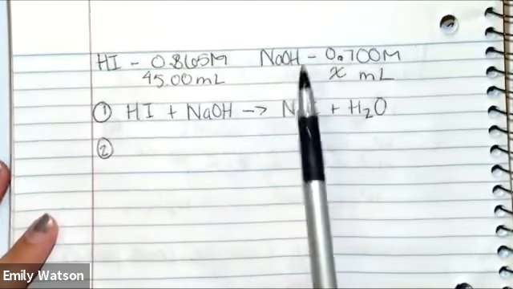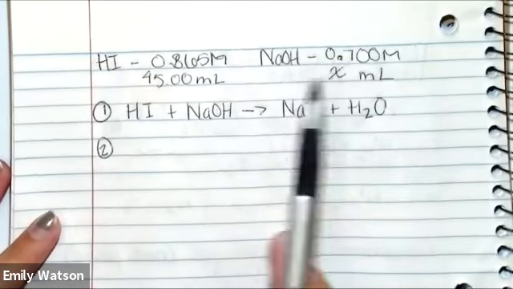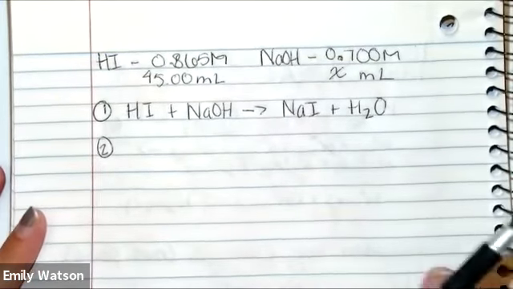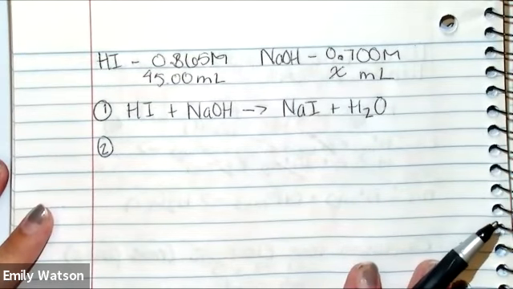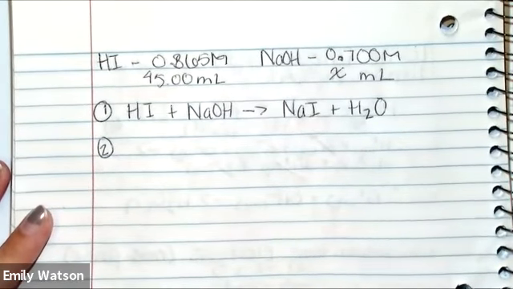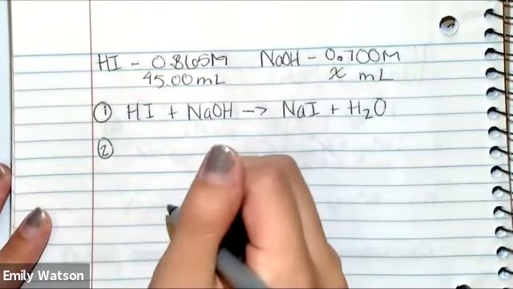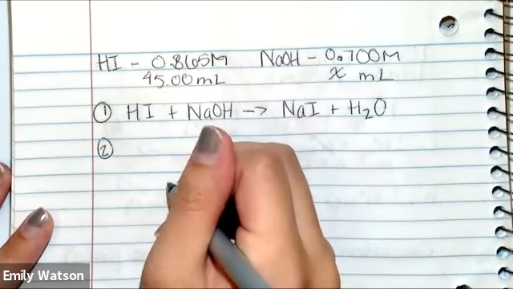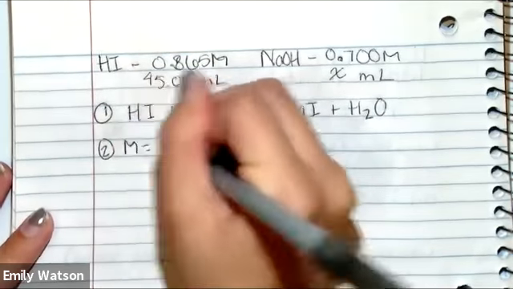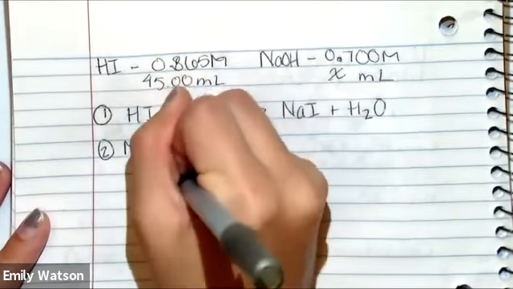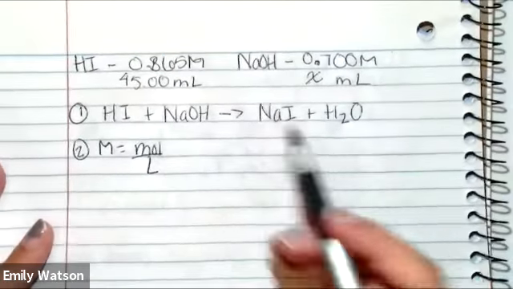Okay, so just looking at our given information, what can we find right now? We can find moles of hydroiodic acid. What is the formula that we're going to use? Molarity equals moles over liters.